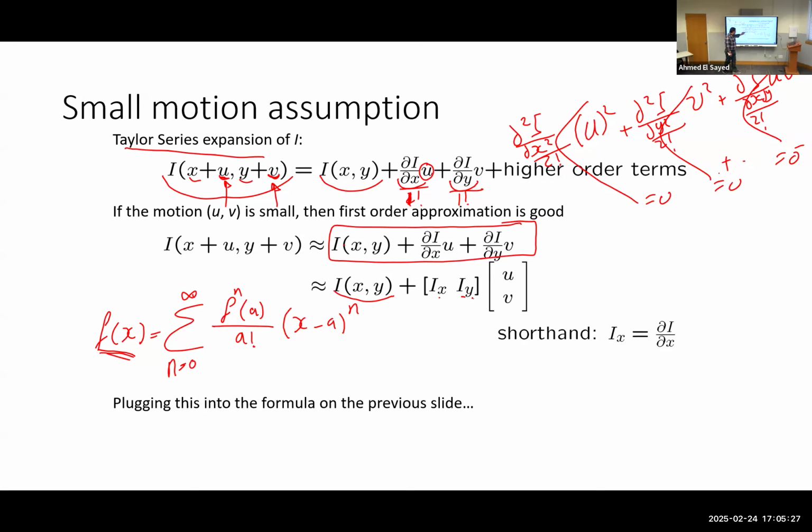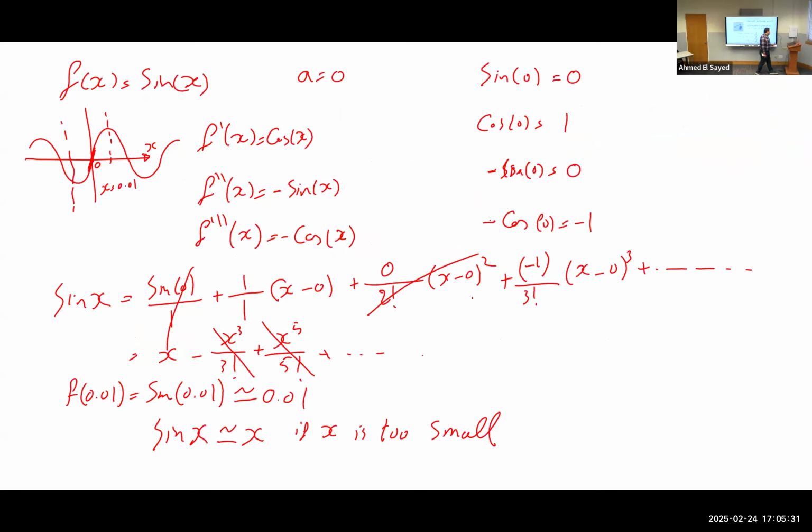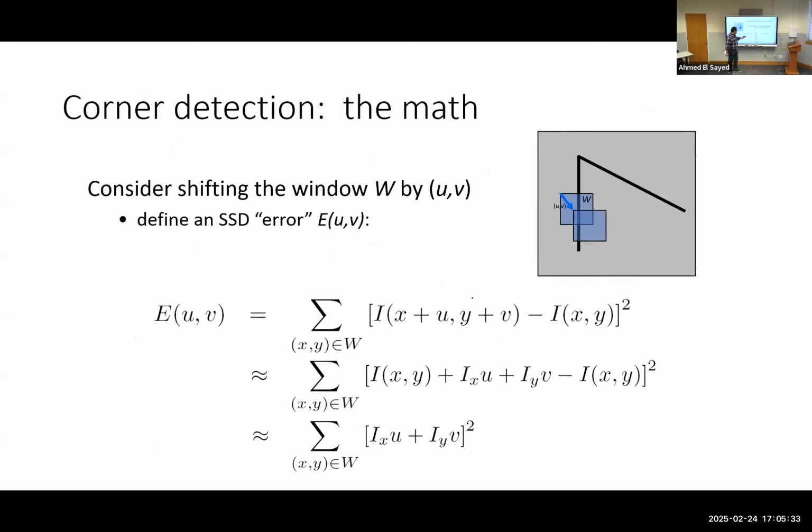Now I will substitute this in the original equation. So I will remove this and make my substitution. In this case, this will cancel this. This is positive, this is negative, for almost the same value. It will end up that I have IXU plus IYV all squared. This is the second order expansion.